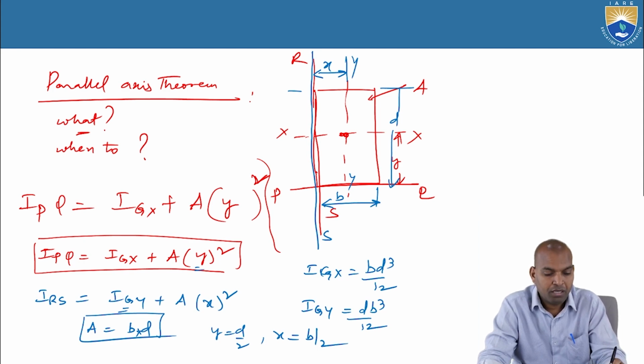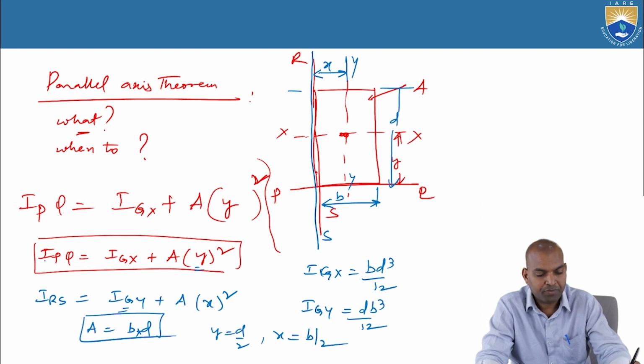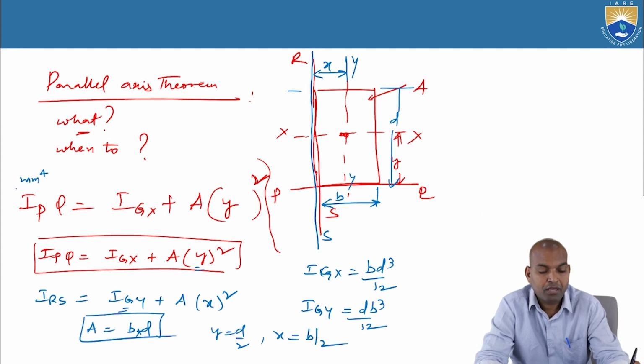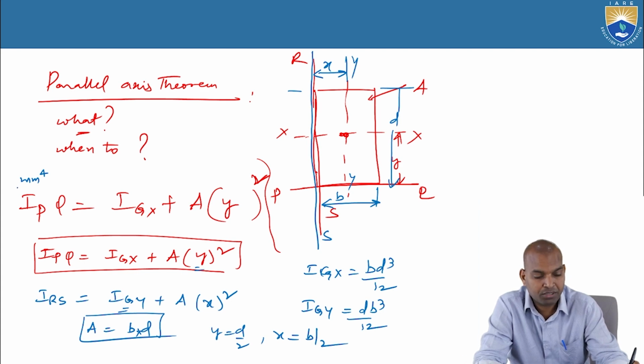Now what are the units for IPQ, IGX, A and y square? The unit for IPQ is millimeter to the power 4, provided area is in square millimeters and y is in millimeters.